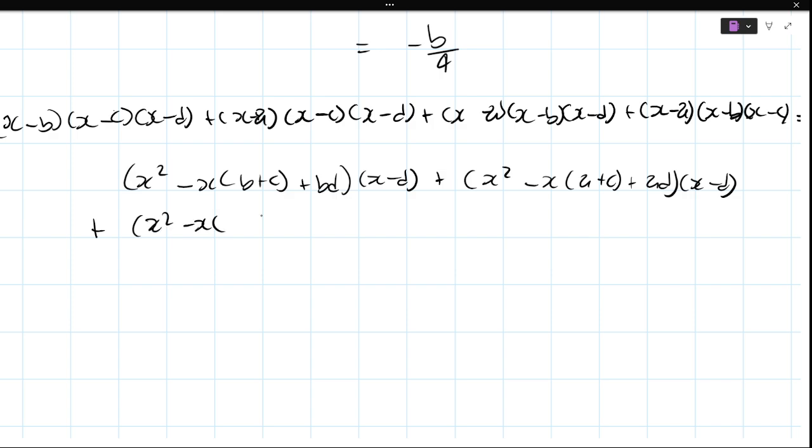X squared minus x, was it a plus b plus ab, x minus. Surely this is not minus d, is it? Yeah, it is minus d. Oh, that's weird. Hold on. Something is off.